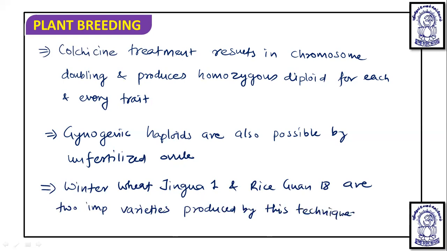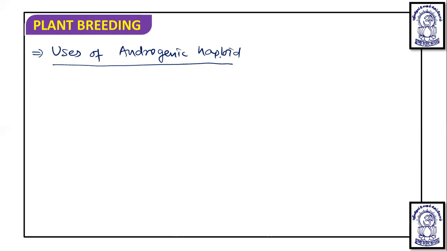Okay, and if we talk about the uses of this haploid culture, the uses of androgenic haploid, then the first use is that it is useful in mutation breeding.